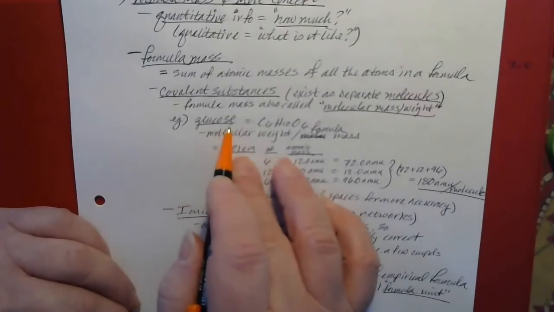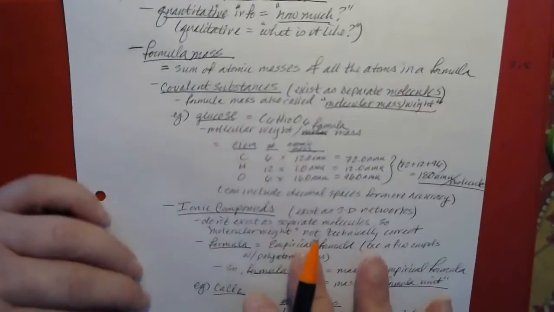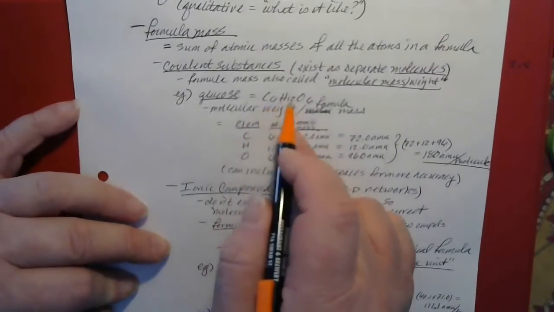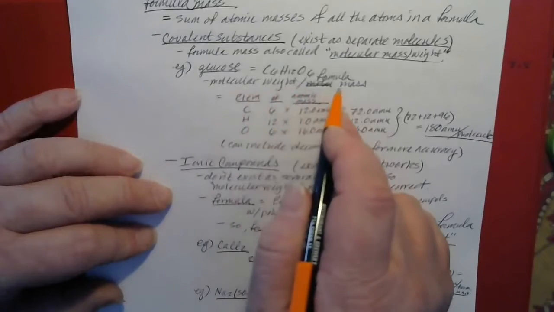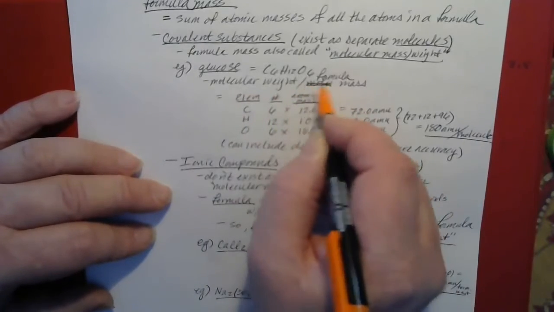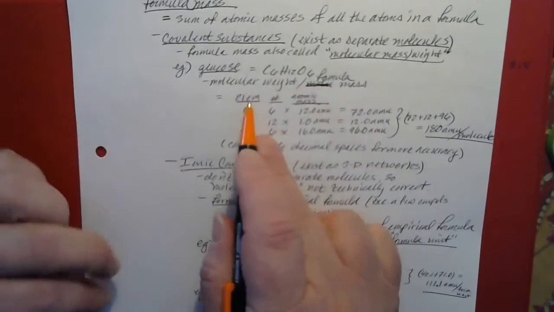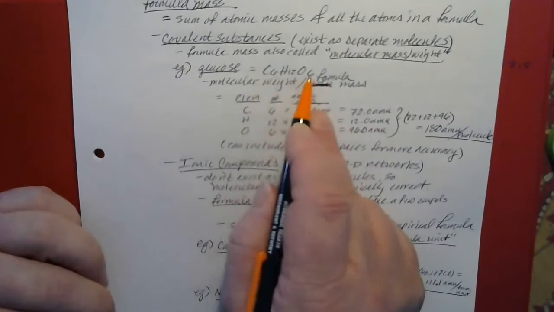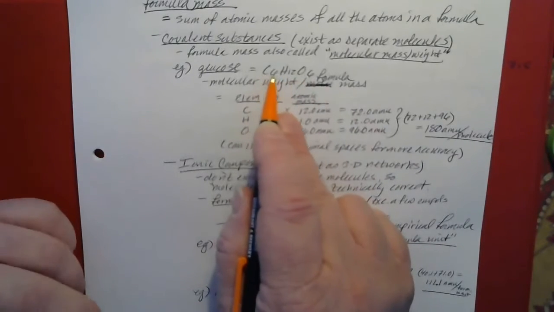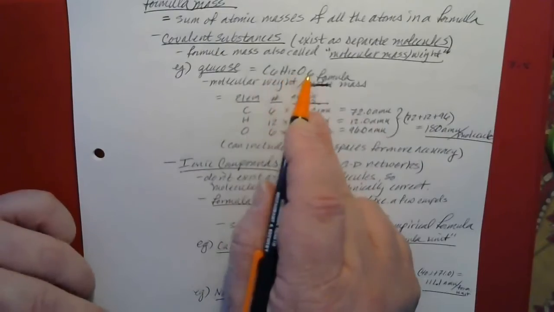So for example, the compound glucose has a molecular formula of C6H12O6, and the molecular weight or mass would just be taking the masses of these elements from the periodic table and multiplying each by the subscript in the formula and adding them all up.